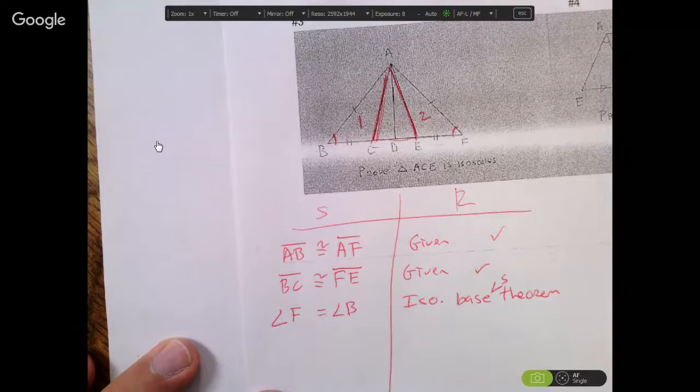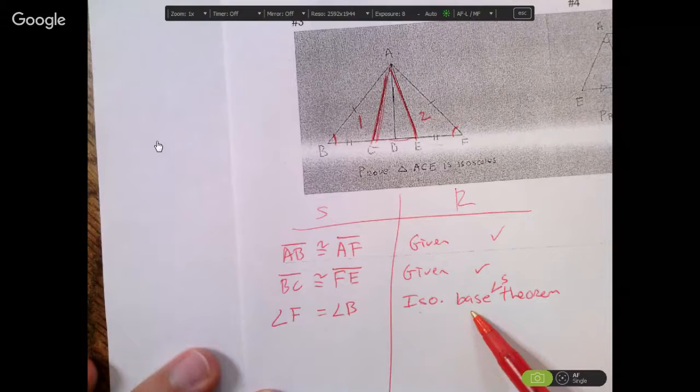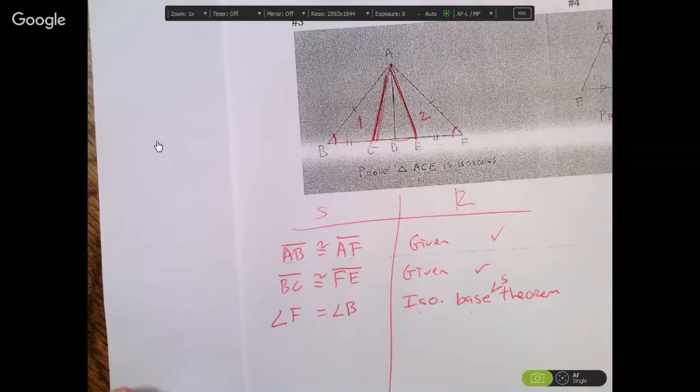If you said definition of isosceles triangle, I would take off. You need to say isosceles and you need to say base at least, or isosceles angles or something. I'm very forgiving in the wording of this, but it's got to kind of put it together.